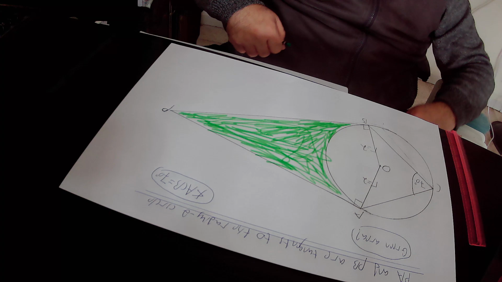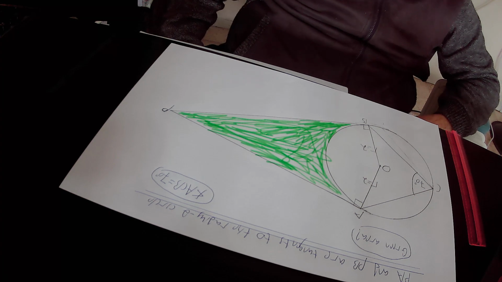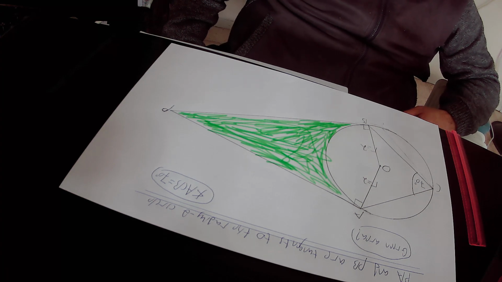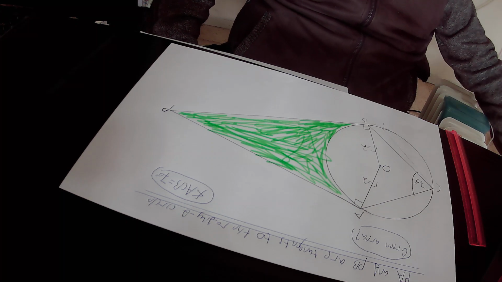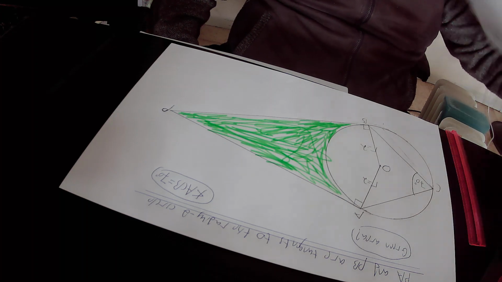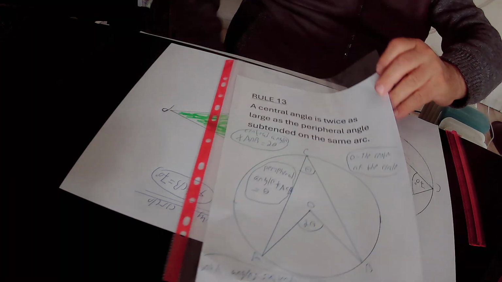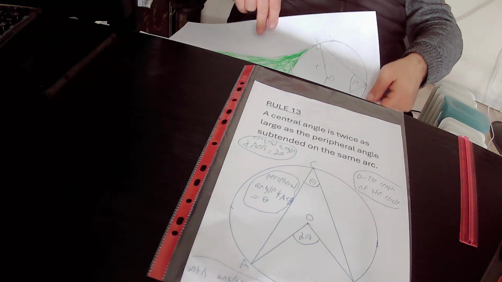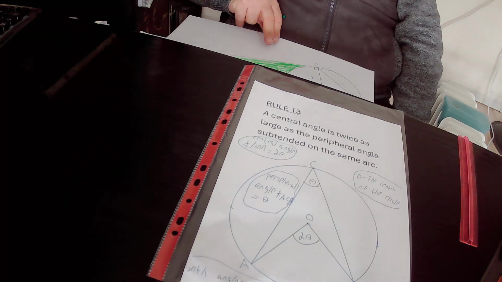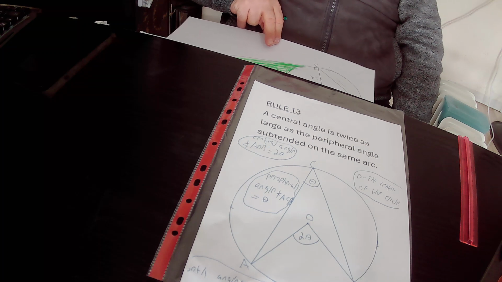In the next step, I present to you a new rule, and we will implement the new rule in our drawing. The new rule is rule 13. According to rule 13, a central angle is twice as large as the peripheral angle subtended on the same arc.